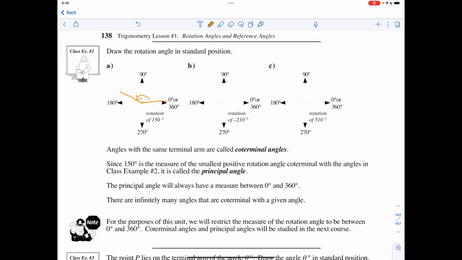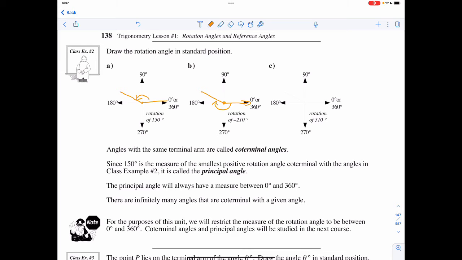For the second one, it's saying that's going negative, and it shows my initial arm, and it shows my terminal arm, and it's going to go in this direction, or clockwise, to show that it's negative.